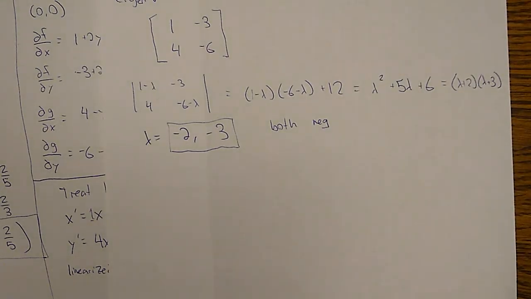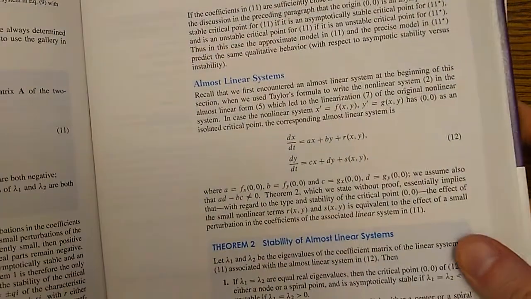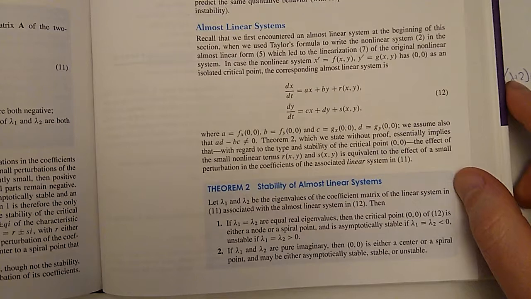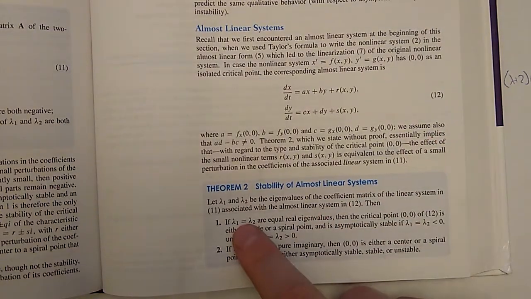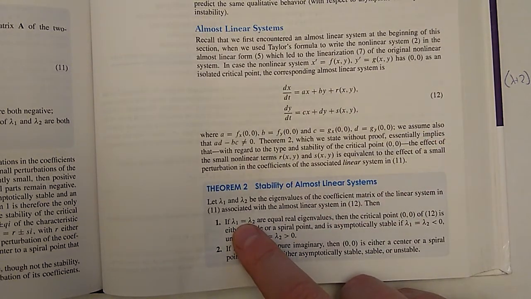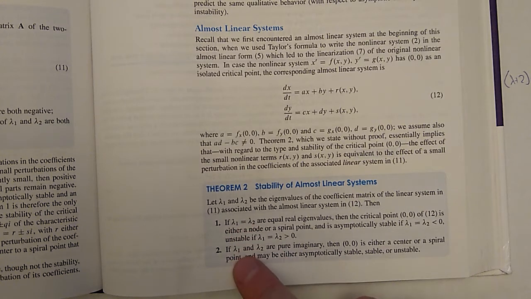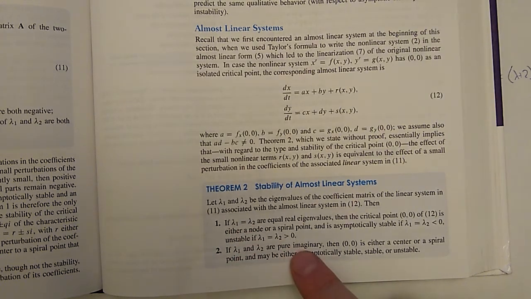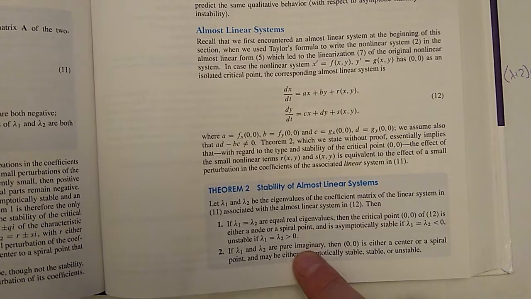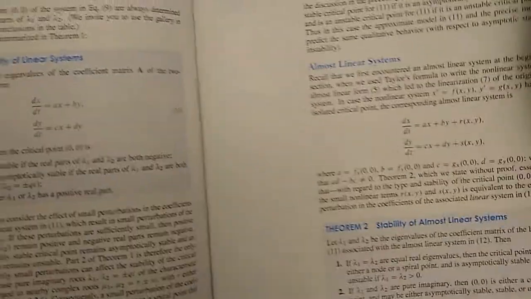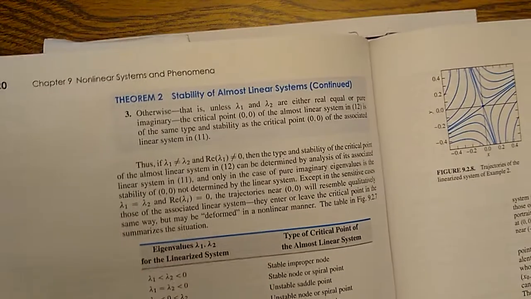What do we see here? If I check theorem 2 carefully, we're not in case 1 because it's not two equal eigenvalues. We're not in case 2 because they're real. So that means we're in case 3.